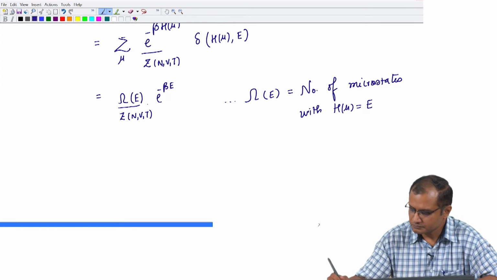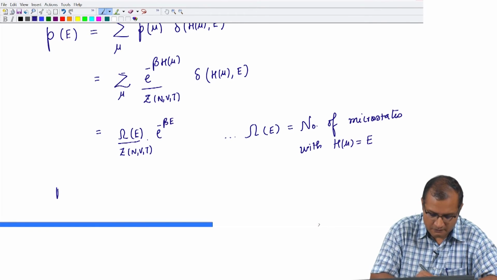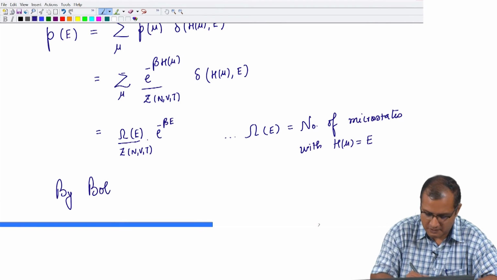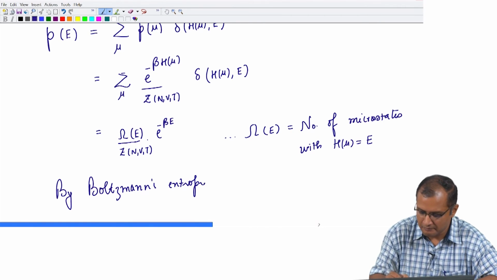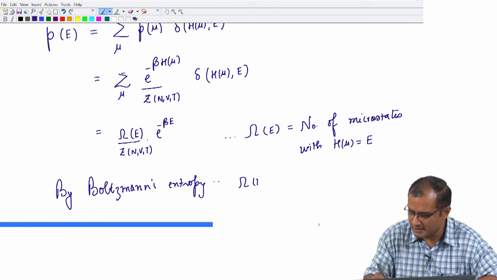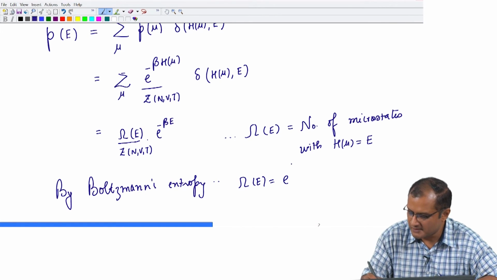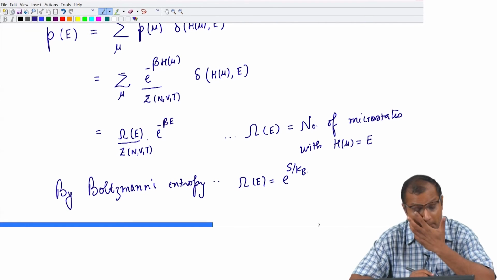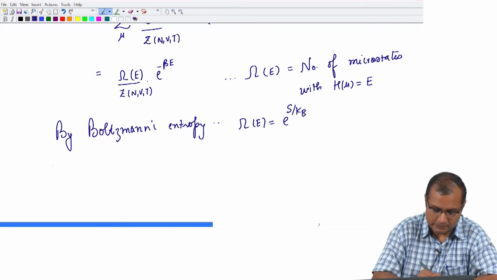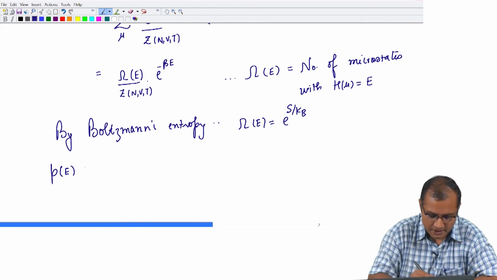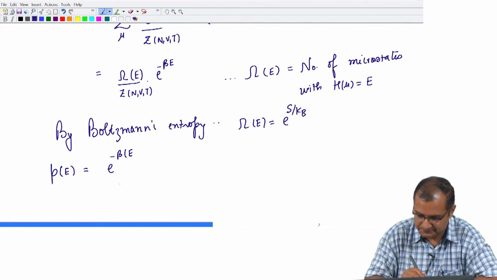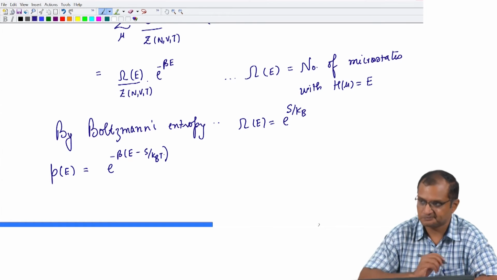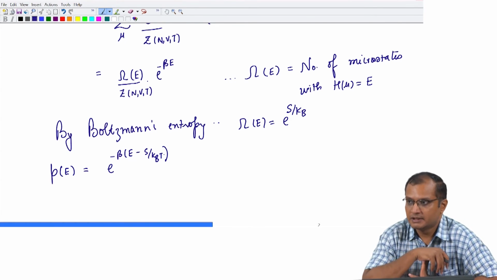And so, now, since by virtue of again Boltzmann's entropy, I can write down my omega of E as e to the power S over k B. So, my probability distribution function in terms of energy simply becomes e to the power minus beta E minus S over k B T. The two minus signs give you plus.